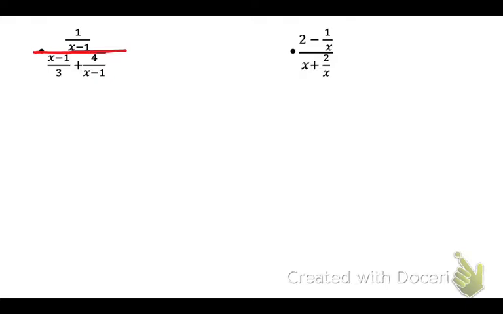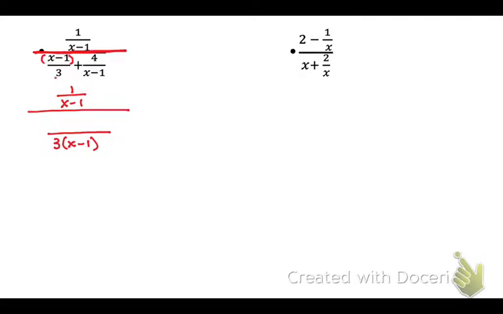So I'm good. So I have 1 over x minus 1 all over. So what's the denominator of my denominator going to be? 3 times x minus 1, right? So what do I need to multiply this x minus 1 by? My denominator is 3 times x minus 1.